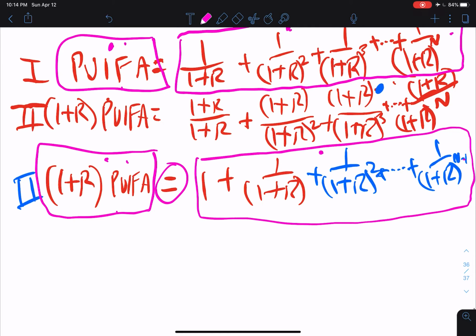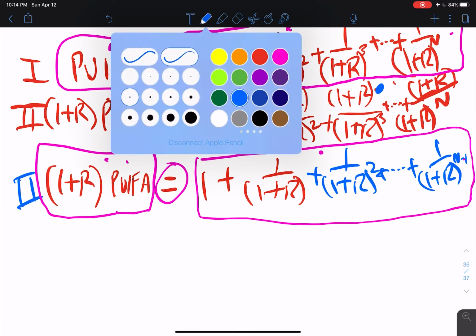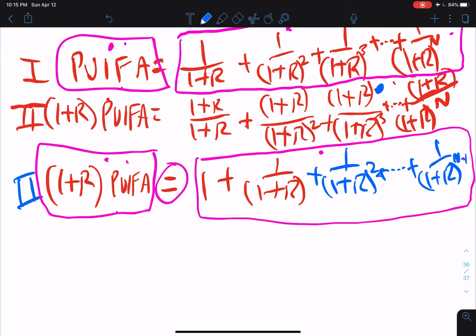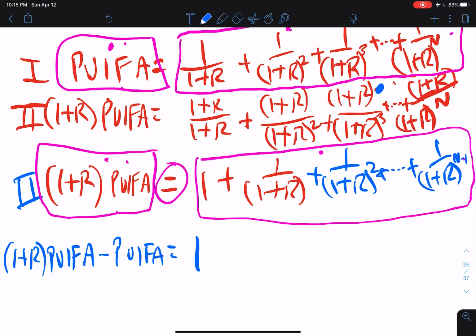Well, on the left-hand side, I'm going to have 1 plus r times PVIFA minus PVIFA. On the right-hand side, let's see what we have. Well, here I have a 1. And there's no 1 up here, so it's kind of like 1 minus 0. Okay, and then that stands.